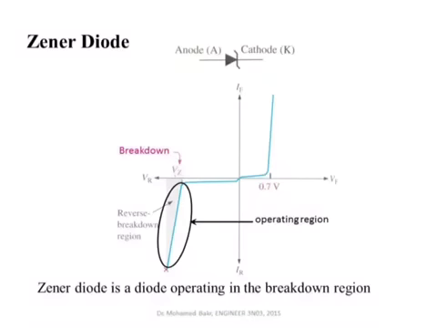Notice that the Zener diode is really a diode. So it does allow current to go in the forward direction when it's forward biased. When you make the anode more positive than the cathode, current will flow from the anode to the cathode. But when you make it reverse biased, when you make this terminal more positive than this one, then current can flow in this direction only if it reaches the breakdown point.